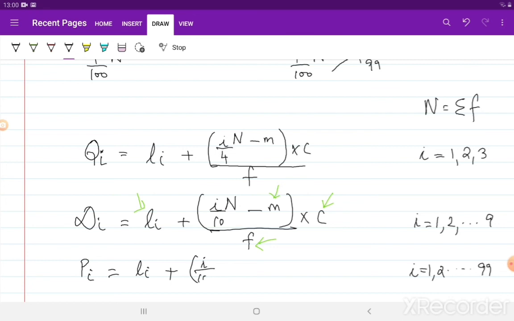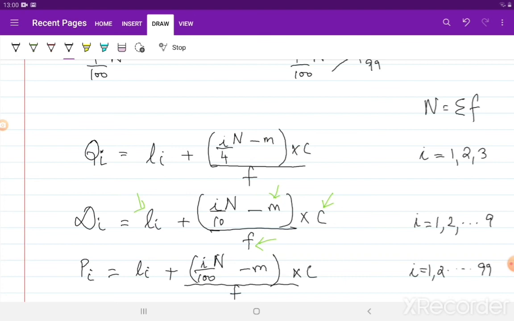I by 100, since percentiles divide the distribution into 100 equal parts, times n, which is my total frequency, minus m. M is the cumulative frequency up till the percentile class that I am concerned about. F is the frequency corresponding to the percentile class. C is the width of the class interval.